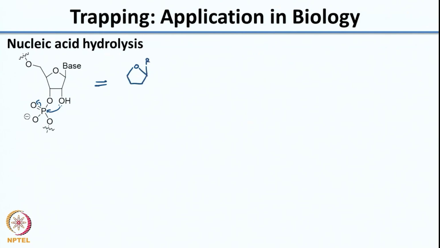I will just write this as B. And here you have the rest of the polymer. So here you see that the sugar polymer backbone is still intact.